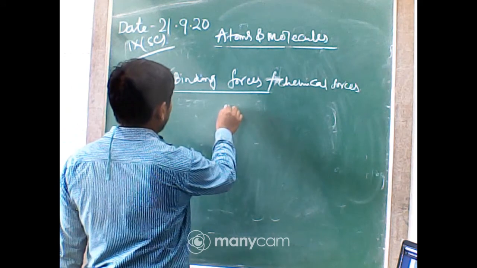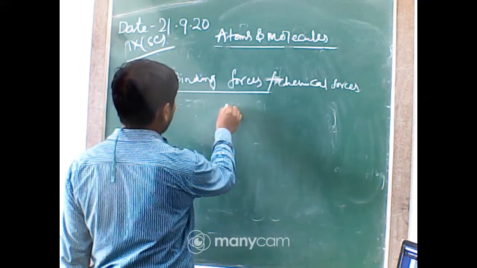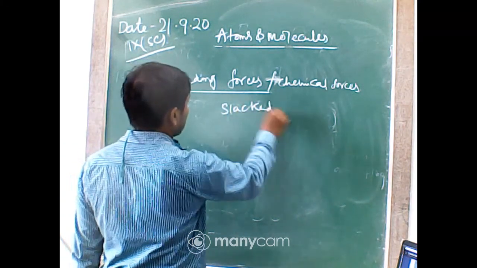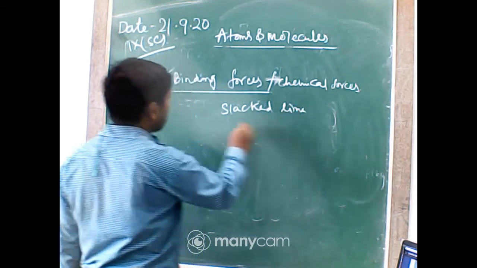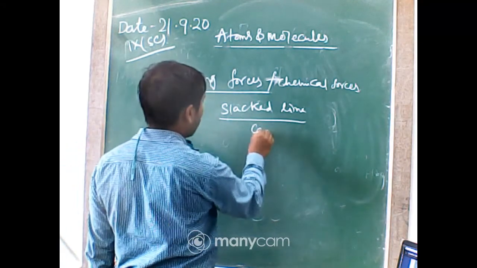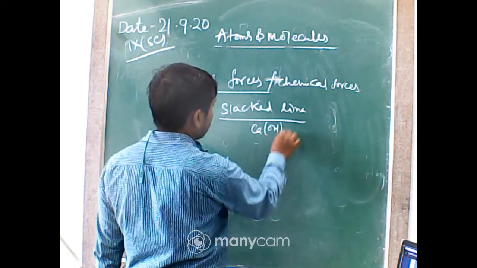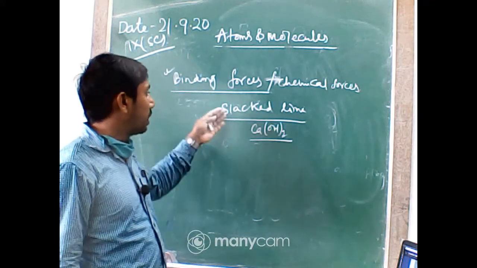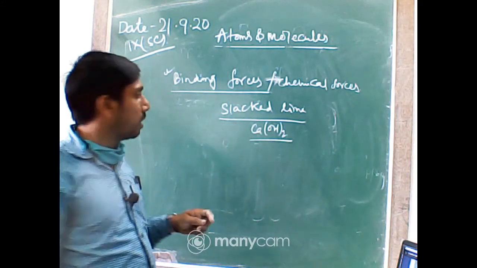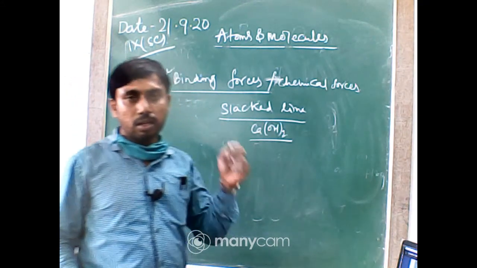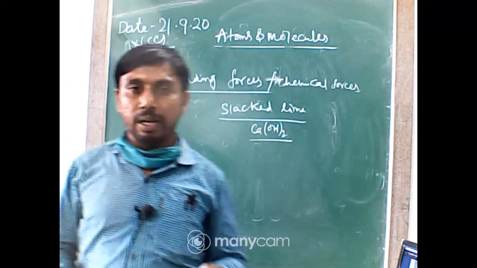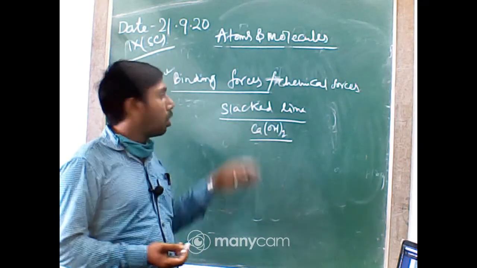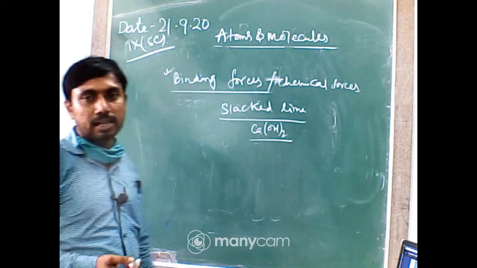Suppose it is slaked lime, which has the formula of calcium hydroxide. Now, if we dissociate the particles of slaked lime, then at last what substance will be left is the tiny part of the slaked lime, or calcium hydroxide.